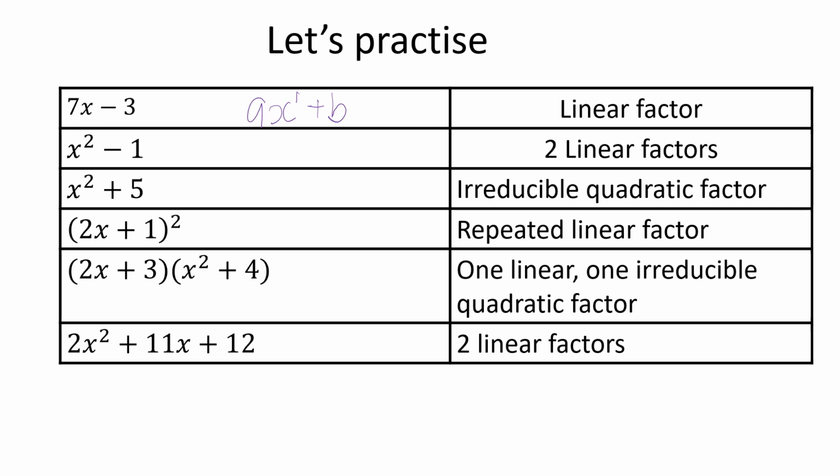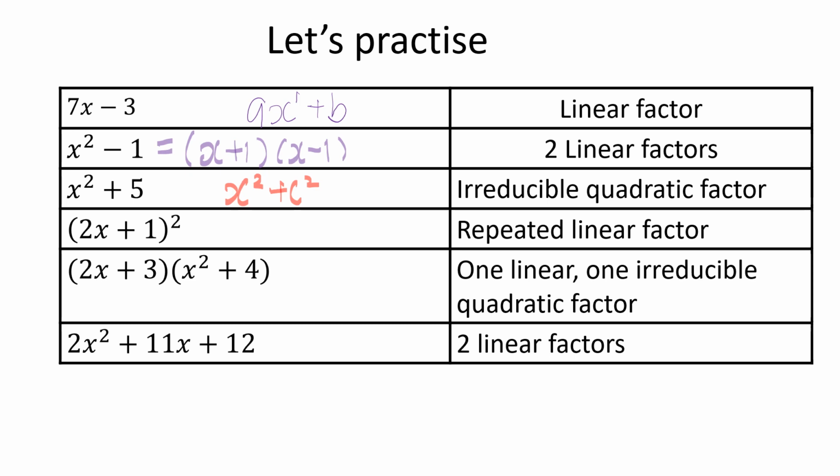The second example, you can actually factorize it further. x squared minus 1, you can factorize it into x plus 1 and x minus 1. So what you have here are two linear factors. x squared plus 5, we have learned early on, it's in the format of x squared plus c squared, and this is an irreducible quadratic factor.